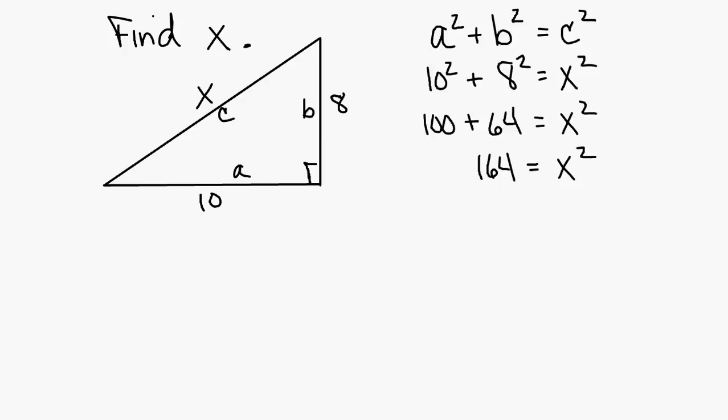Now your last step in this problem is to get rid of the exponent. So you would find the square root of each side. That means you type 164 into your calculator and you push the square root button, the button above the 9, and 12.8 is equal to x.